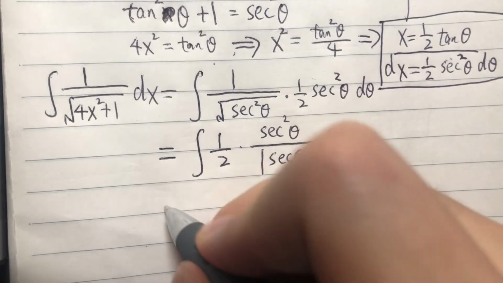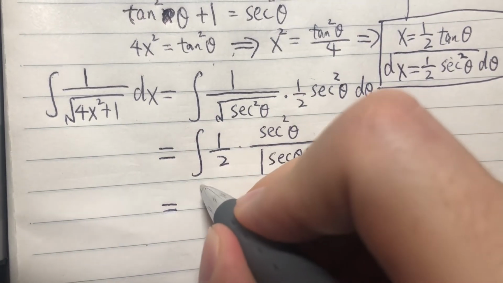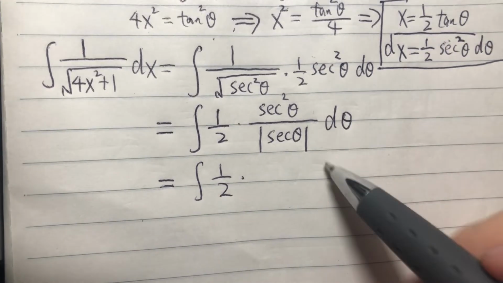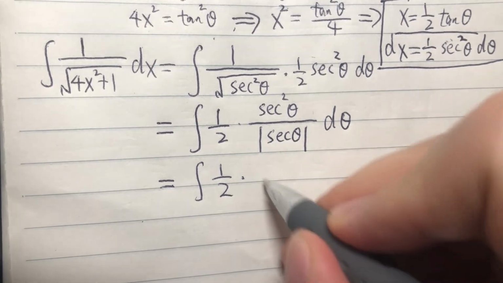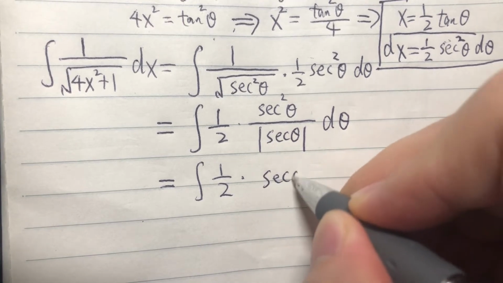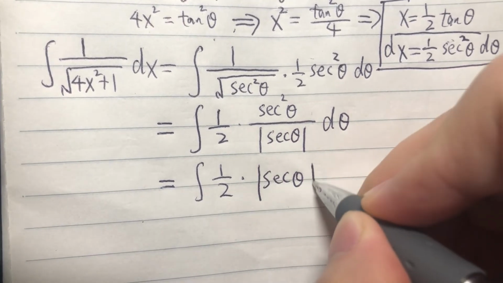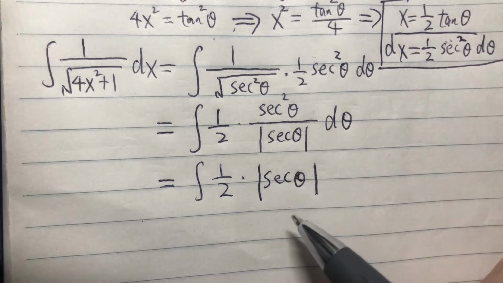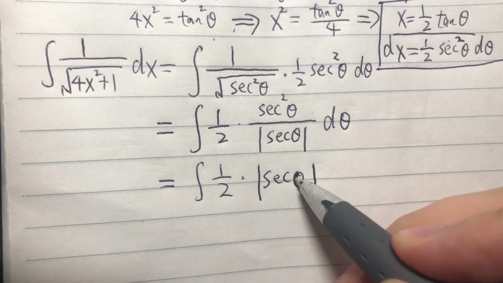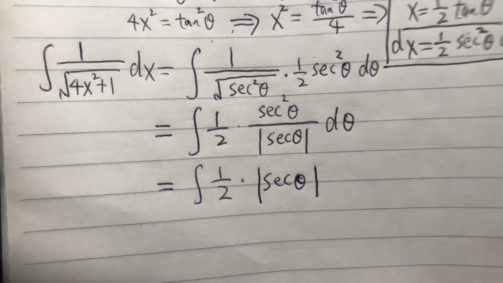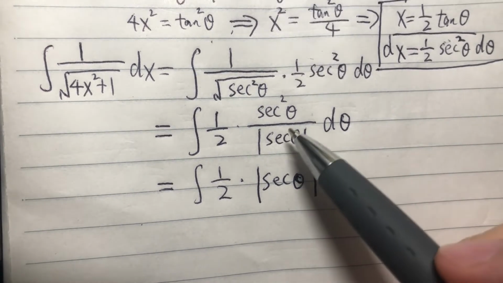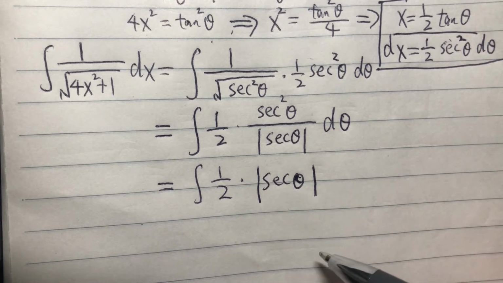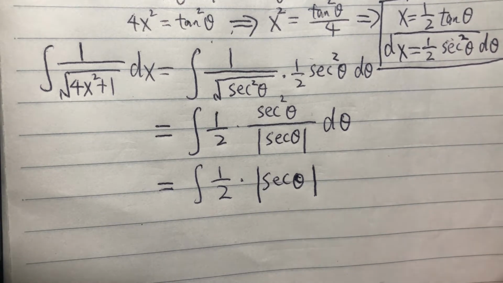And you can write it this way, depending on the sign of secant theta. It's either positive or negative. Then after simplifying, you get secant theta with absolute value.